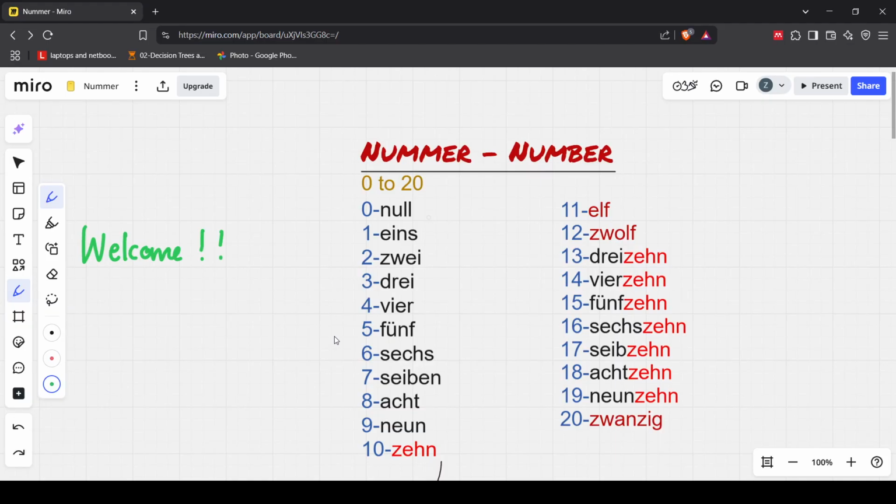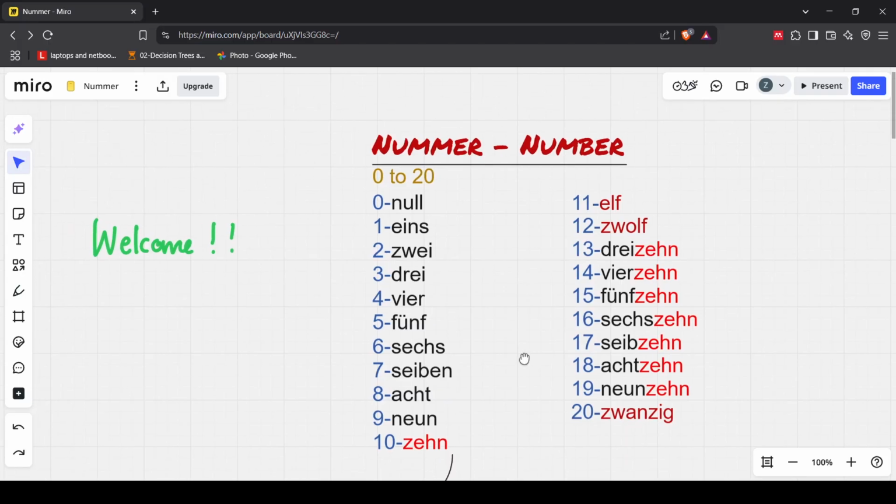So 16 is sechzehn. For 17 you have to note one thing: it is siebzehn, not sieben-zehn. This is siebzehn.